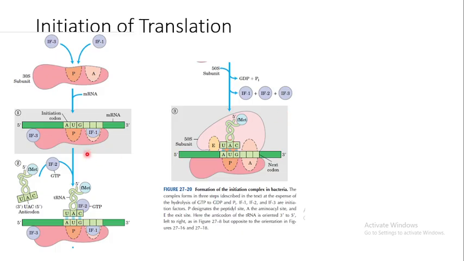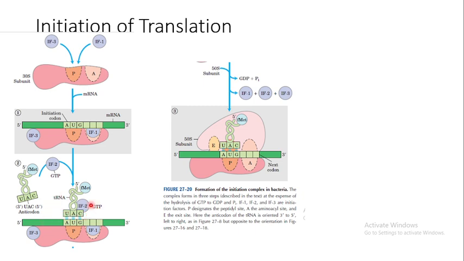So here initially, when IF1 and IF3 are bound with the 30S ribosomal subunit, that will inhibit the association of the 50S ribosomal subunit, right? It will only allow it when the IF2 GTP recruits the aminoacyl tRNA of fMet to the start codon, right?